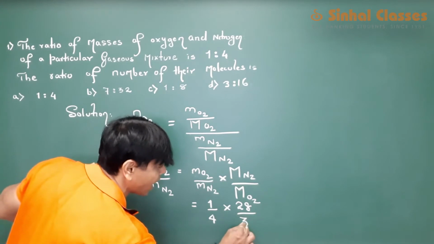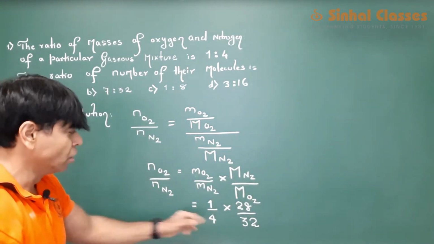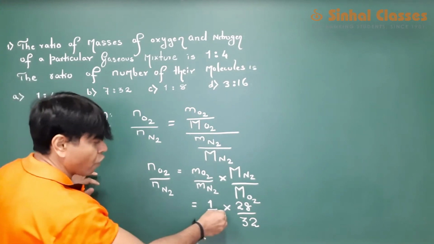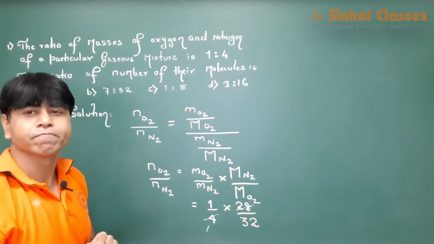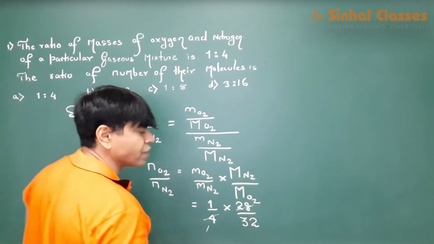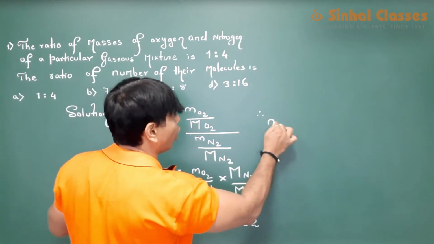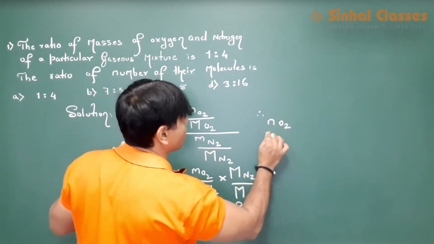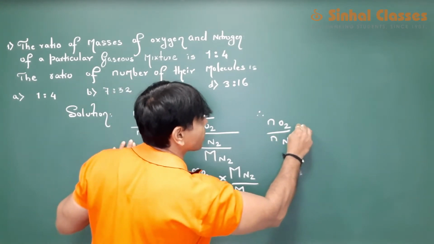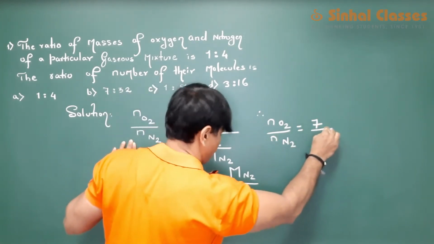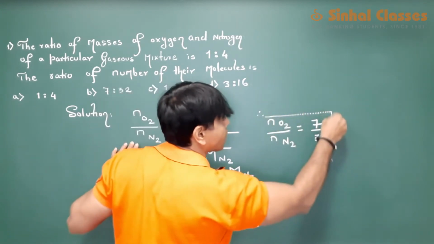So it is 28/32. Now just cancel it. 4 1s are 4, 4 7s are 28. So therefore moles of oxygen upon moles of nitrogen is 7/32. This is your answer.